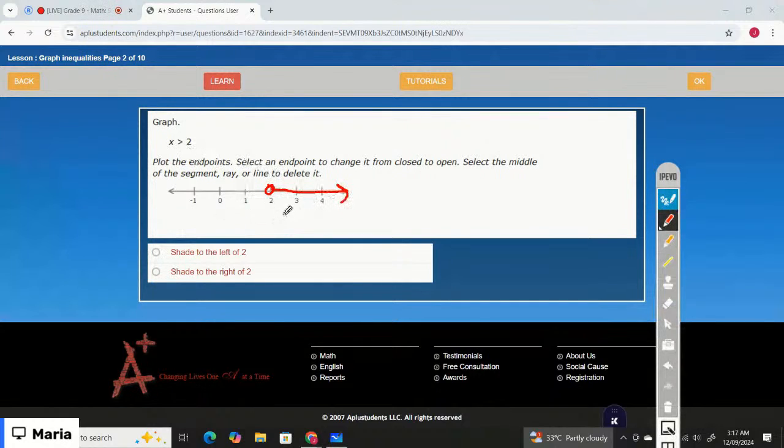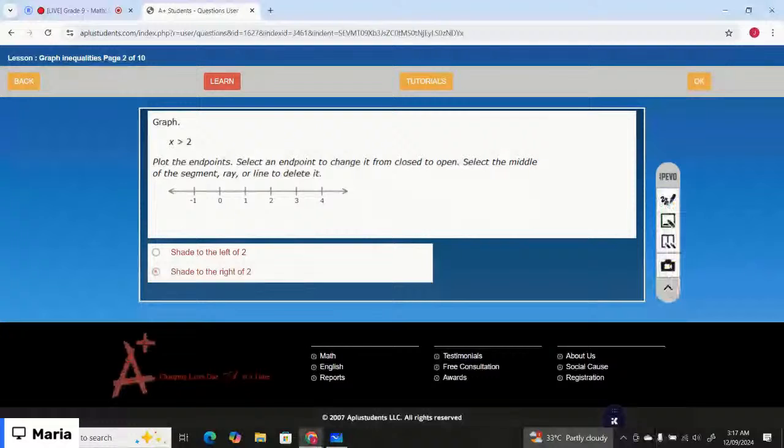That means x can be any value that is greater than 2, but x cannot be 2. So there must be an open circle at 2. So shade to the right of 2. The correct option is shade to the right of 2.